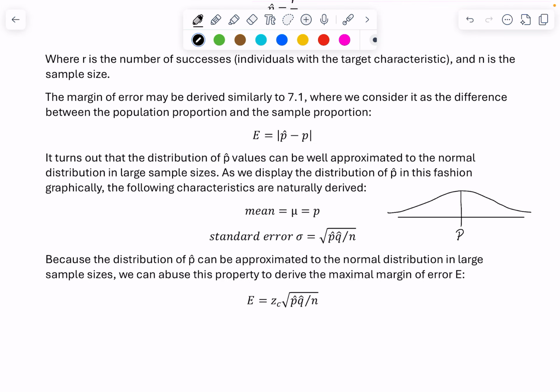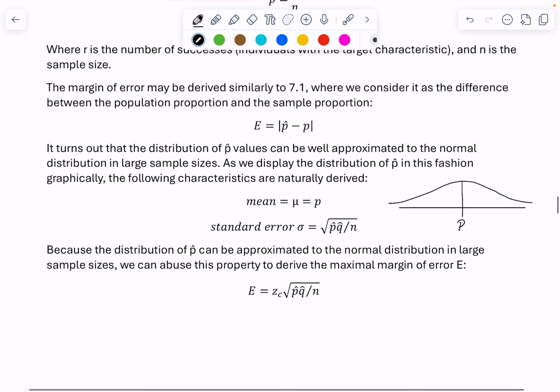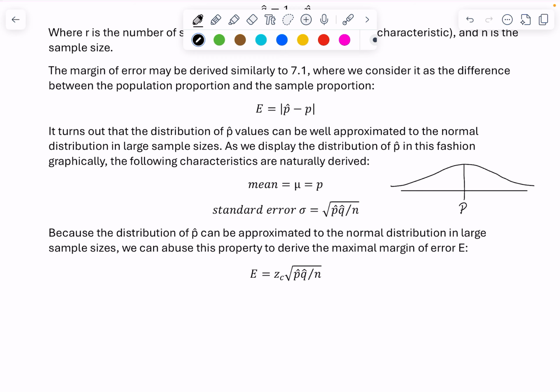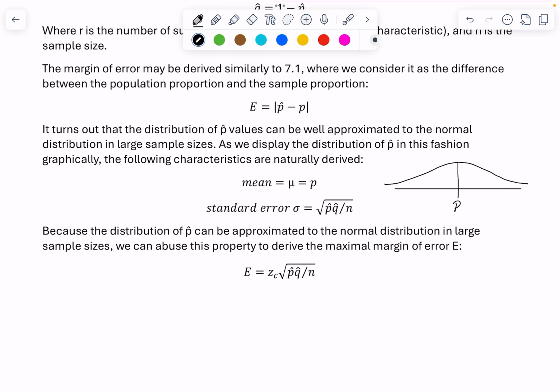Because this distribution starts to look more Gaussian and normal, we can abuse that property to derive the maximal margin of error. So here, again, we're looking at this general idea where we're taking the critical value and multiplying it by our standard error, okay?